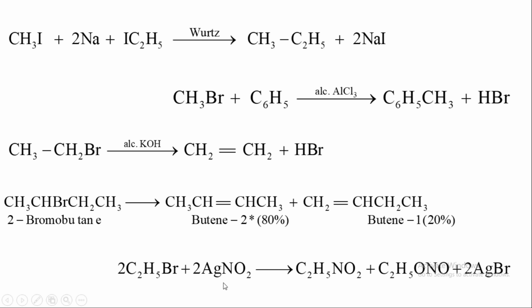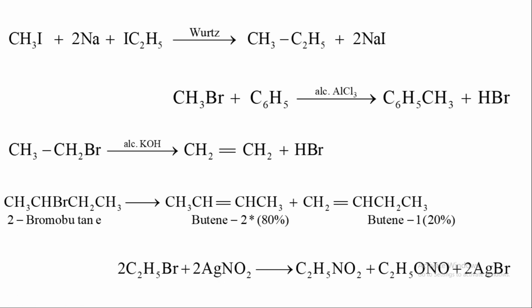The next reaction is with silver nitrite. When bromoethane is reacted with silver nitrite, we will get C2H5NO2 as a major product, while C2H5ONO is a minor product. Why is it so? Because silver is connected with oxygen and forming a d-pi-p-pi bond.